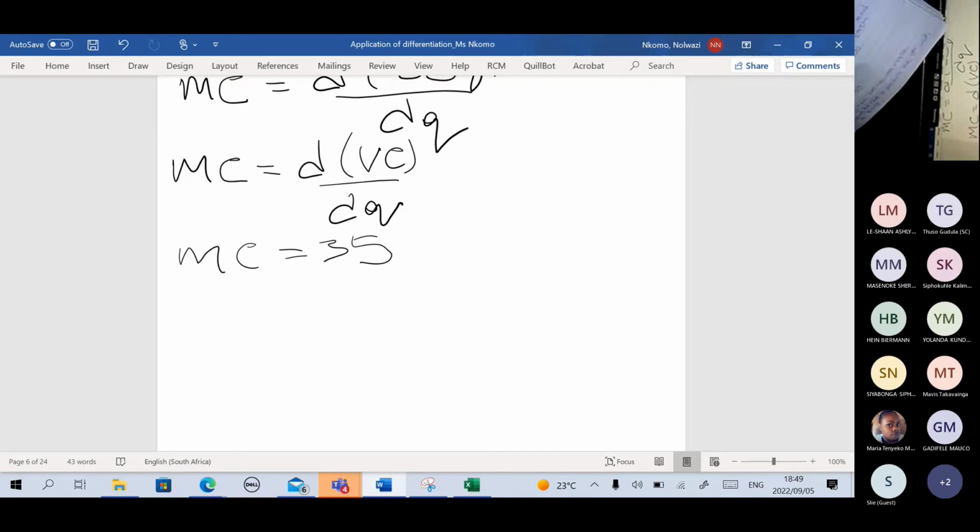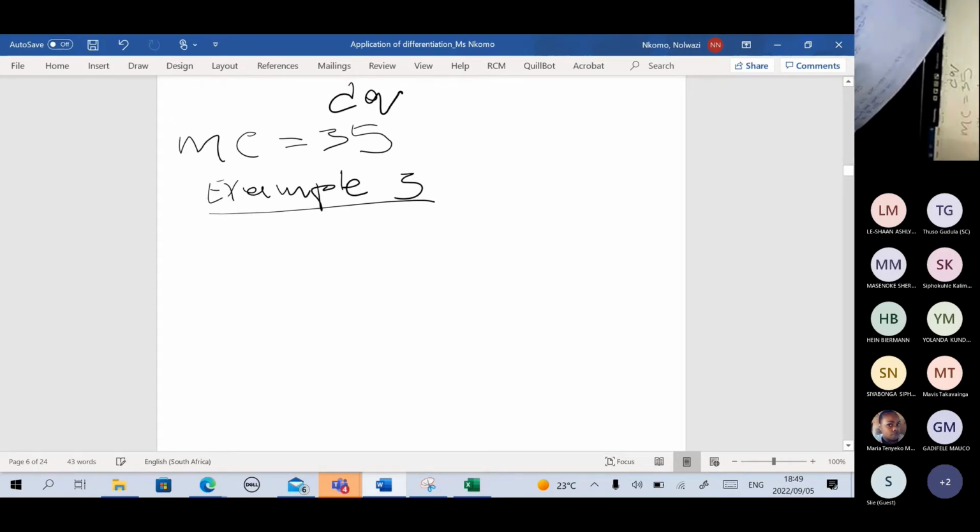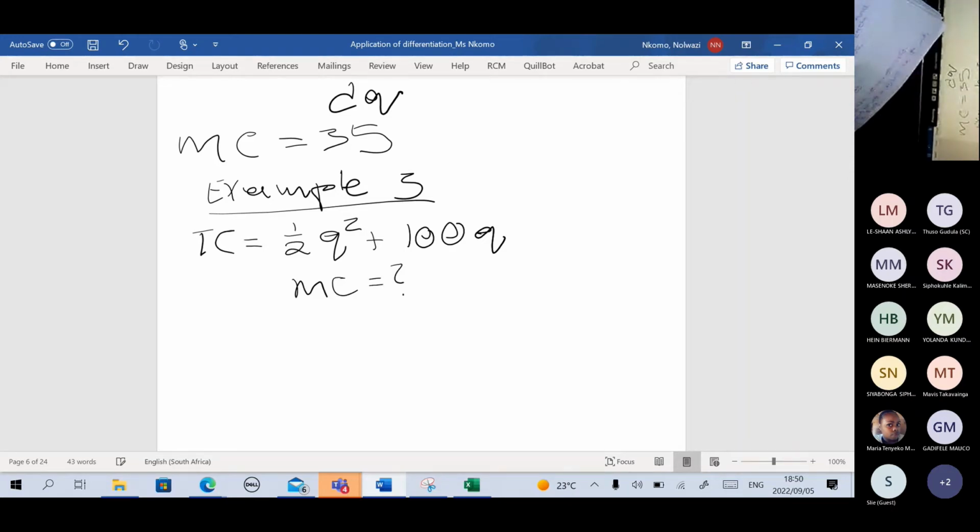Let's try and do another example. Example 3. Suppose now we are given our total cost is 1/2 Q squared plus 100Q, and we are asked to find marginal cost.